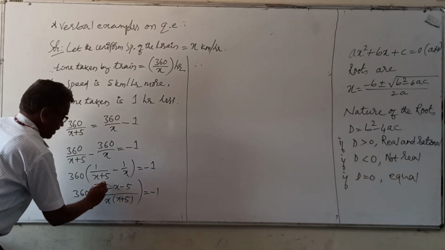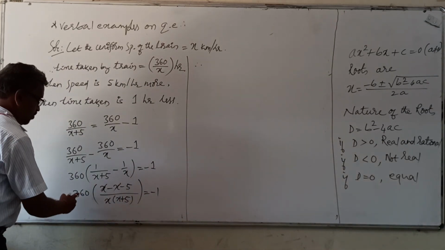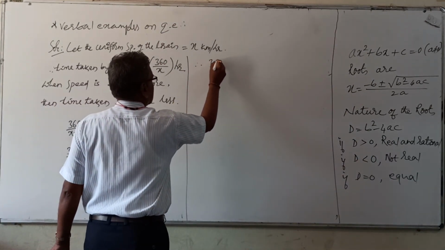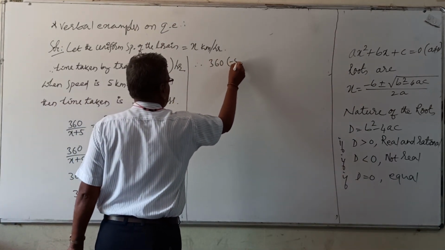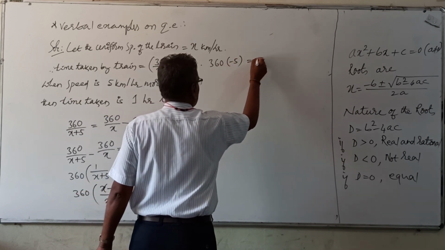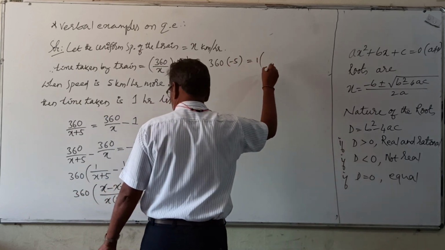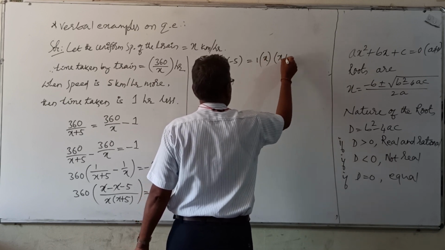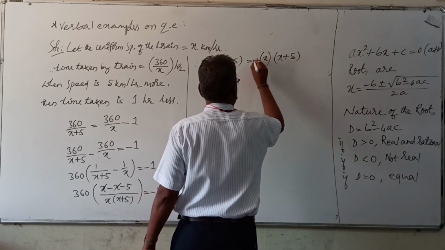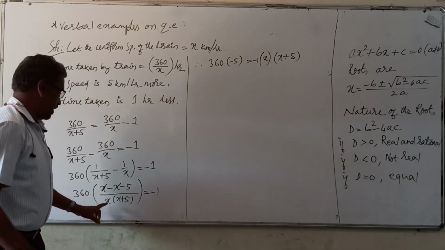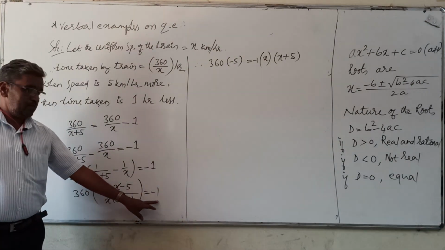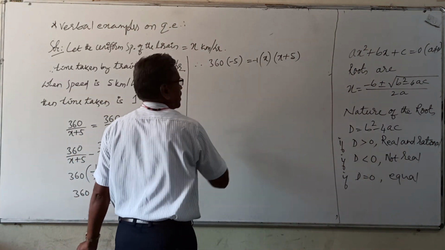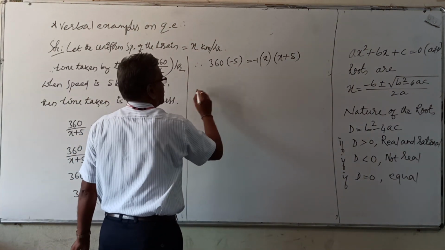Therefore here x gets cancelled, numerator is multiplied by minus 5, so 360 into minus 5 equal to minus 1 into bracket x into bracket x plus 5. This x into bracket x plus 5 comes here, and minus is there on both sides, cancel that.